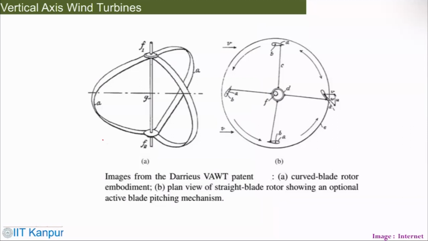This is probably the front view and this is probably the side view, and you could see how these airfoils work. Obviously, they have some blade pitching mechanism, so the airfoils could change their pitch. This is something slightly different from the horizontal axis wind turbine.